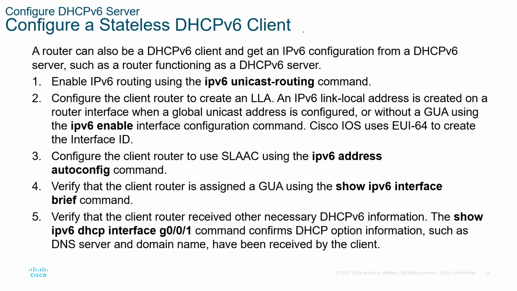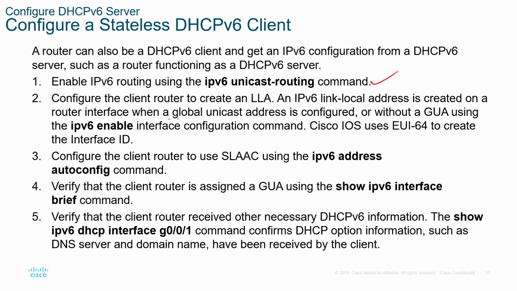If we want to configure a stateless DHCP client, number one, enable IPv6 routing on the device. Number two, create a link local address on the device in two ways. You can either create a link local address by first creating a GUA.